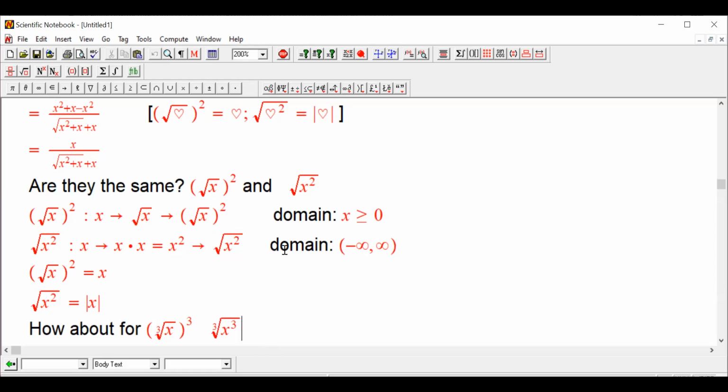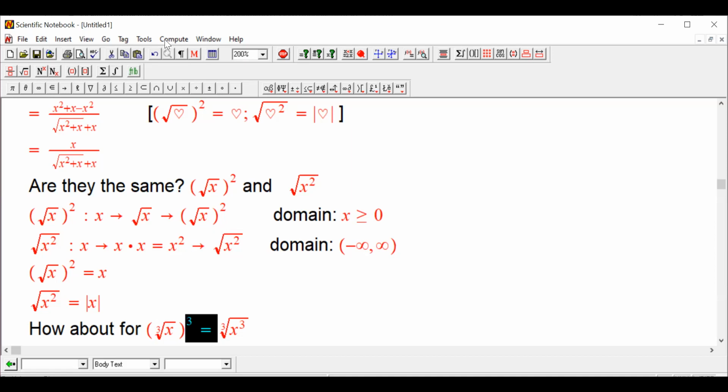Think about it. You can also go over the domain and range issues, and the domain is all real numbers. So in the odd number root case, that's the same. They are the same. So you have to be very careful with domain, because domain is determined by the rule.